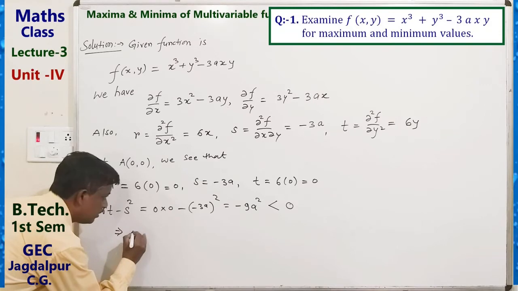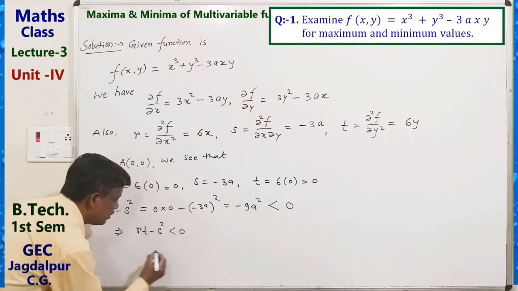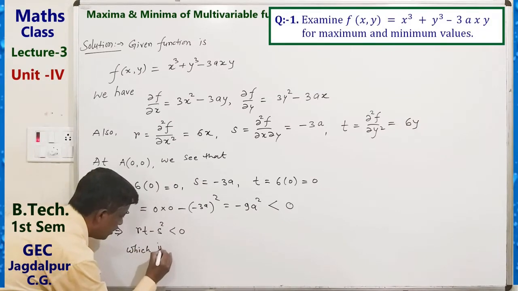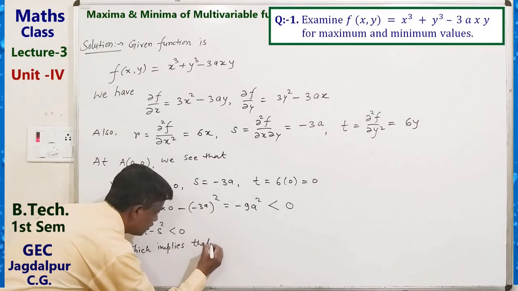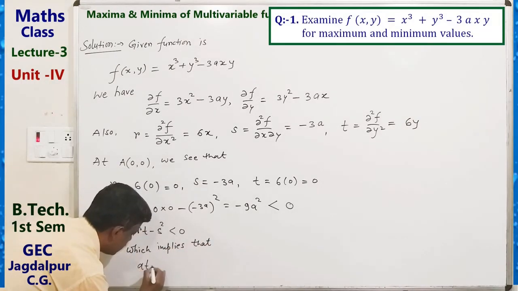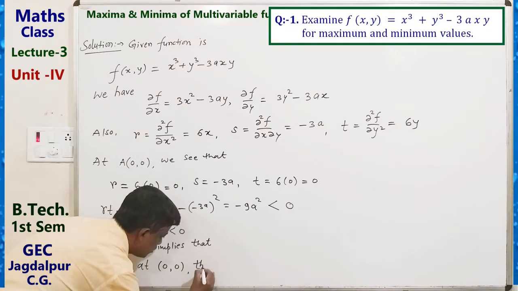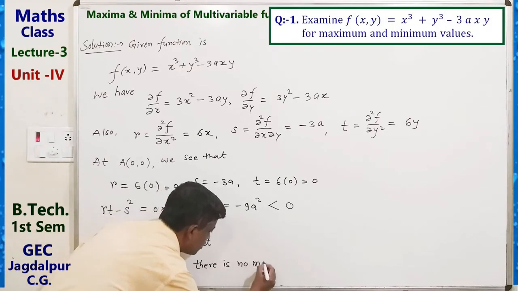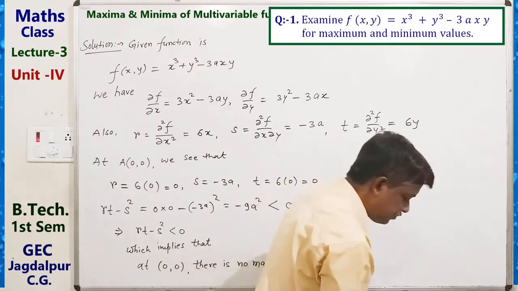So rt minus s square is less than 0, which implies that at 0, 0 there is no maximum and minimum.